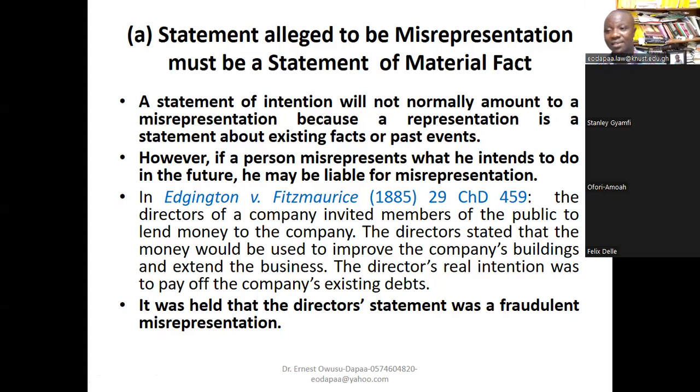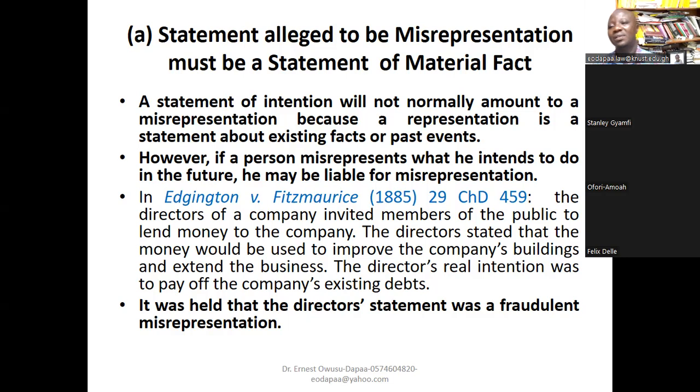The directors of a company invited members of the public to lend money to the company, that is, to subscribe for its securities. And the directors stated in the prospectus, I've told you about the prospectus already, that the money will be used to improve the company's buildings and extend the business of the company.